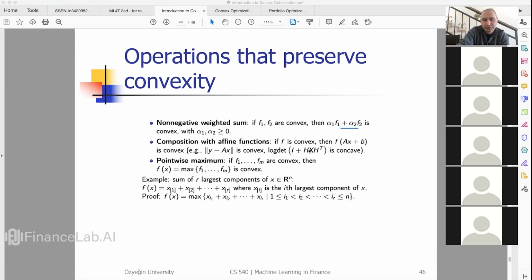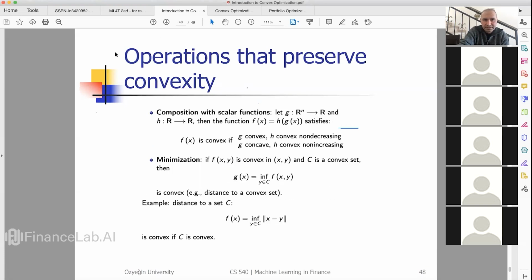And for the pointwise maximum operation, if we have n convex functions, then a function that is the maximum of all of them is also convex. So these are the convexity-preserving operations.